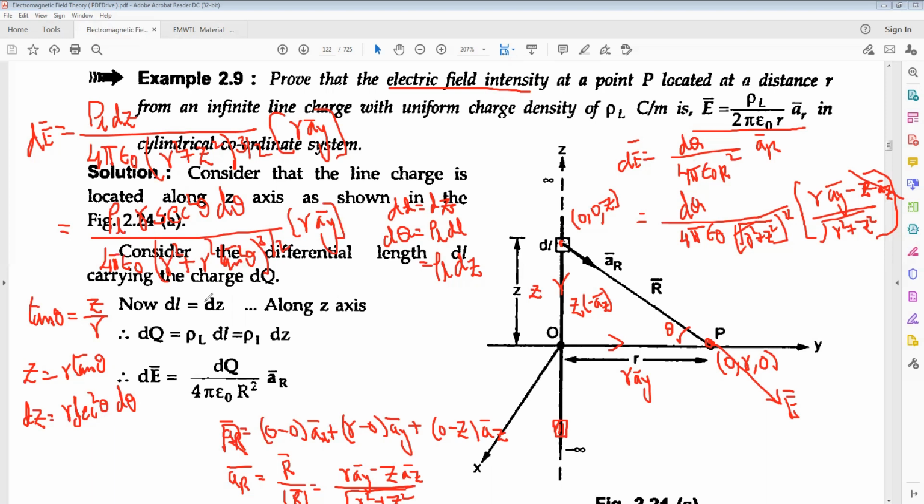And now here check, R square is common. R square whole power 3 by 2 means R cube. Rho L R secant square theta whole divided by 4 pi epsilon naught, and R cube, and 1 plus tan square theta is secant square theta. Secant square theta whole power 3 by 2 means secant cube theta, secant cube theta into R AY bar.